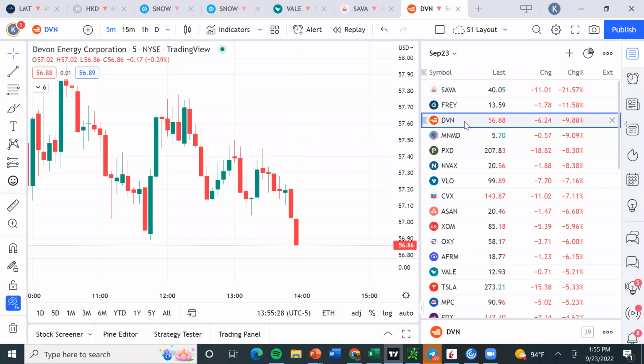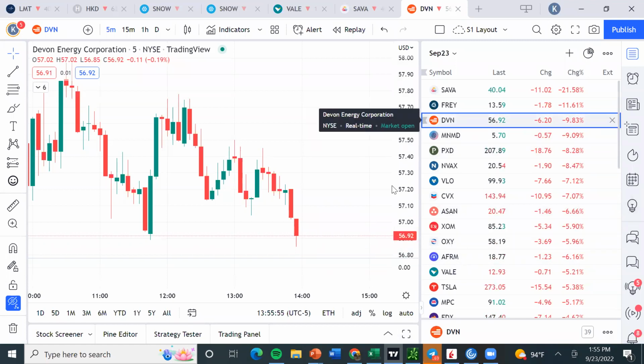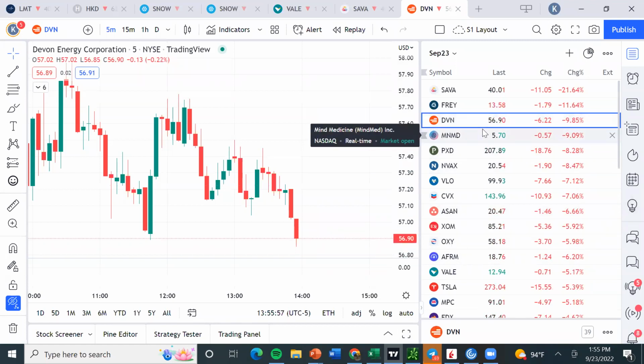Because SPY is going down, it is better for us to see which stocks are close to the resistance and then sell those calls. So this DVN is close to the resistance levels. It already got oversold, but it is close to the resistance and it is going further down.